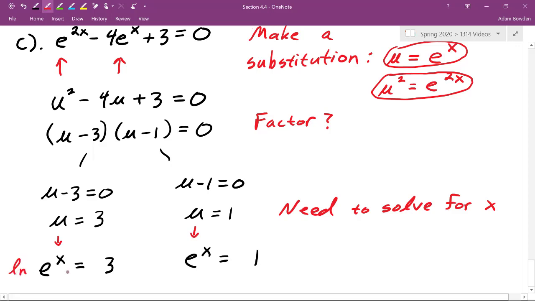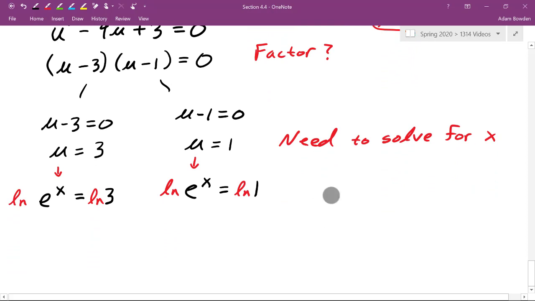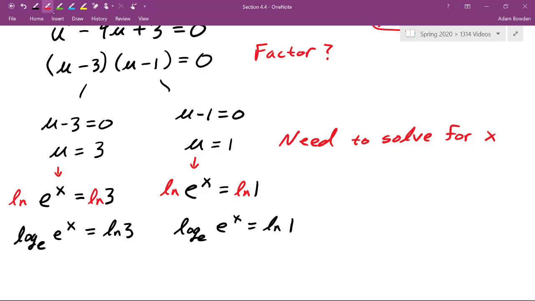And so like before, I'll put the ln on both sides. And keep in mind again that ln is log base e. And when you have log base e and then you have e to the x, it's going to cancel out the e, both are going to cancel, log base e and e.